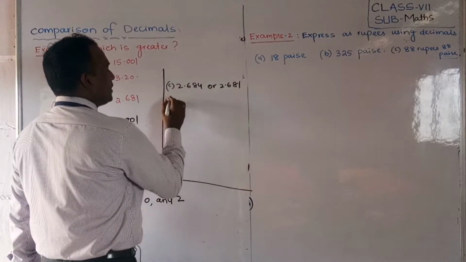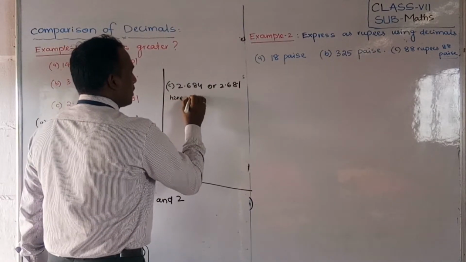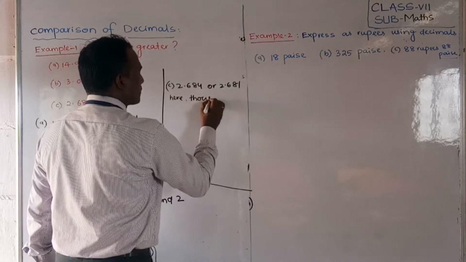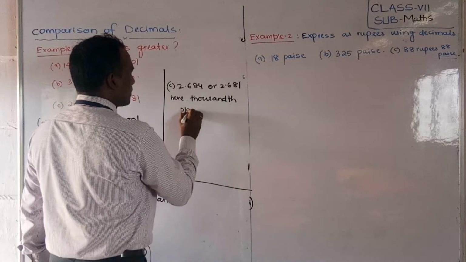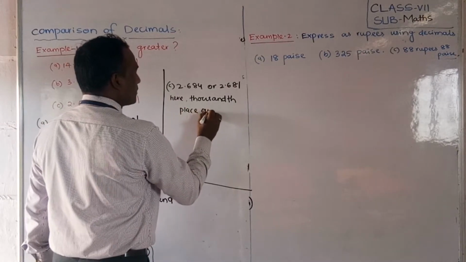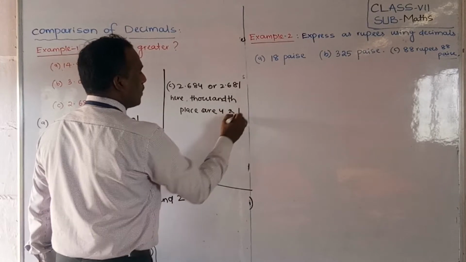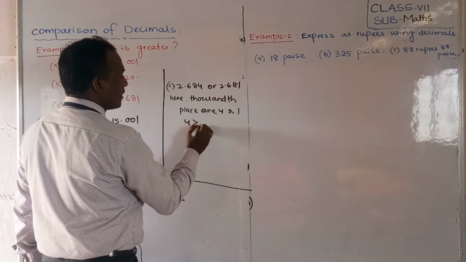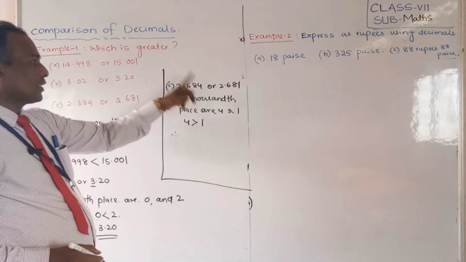So we have to see here the 1000th place. What is that 1000th place? 4 and 1. So 4 is greater than 1. Hence we check the 1000th place. Why will we check?